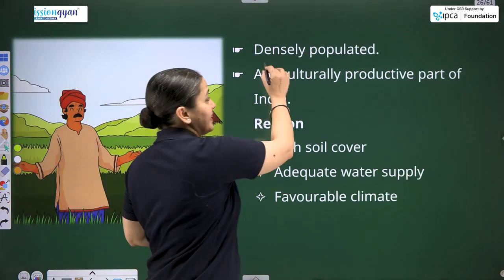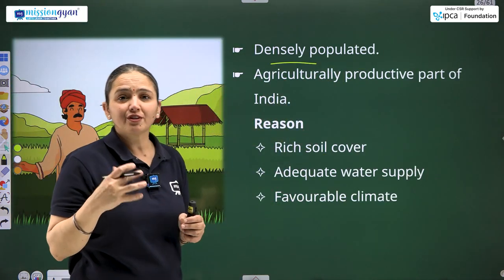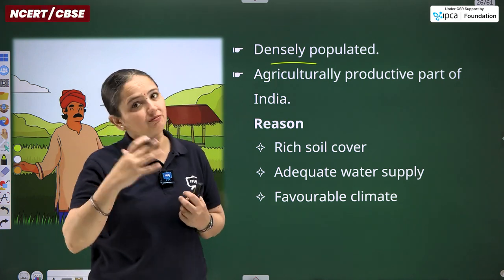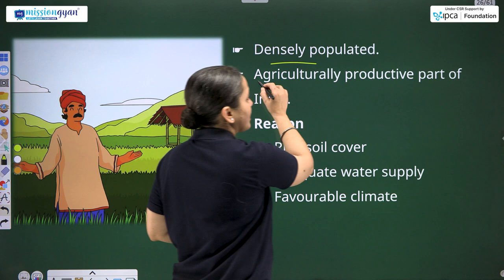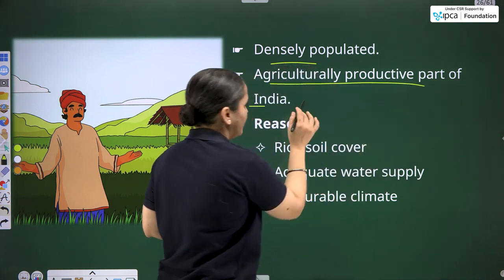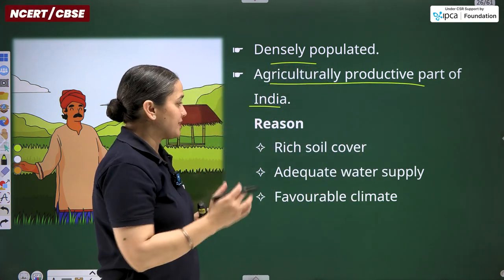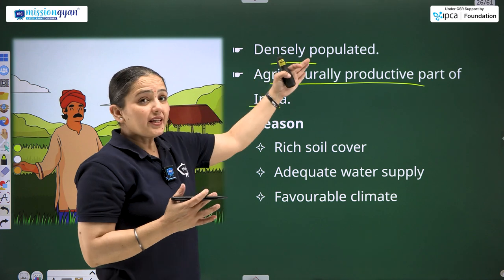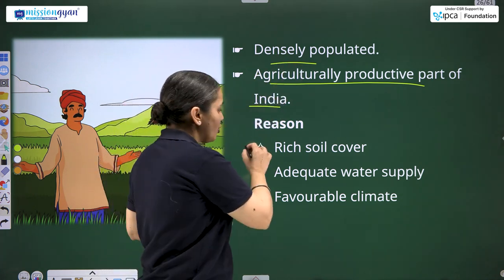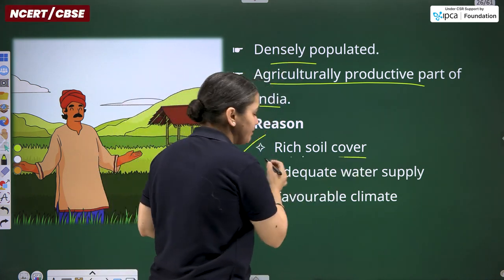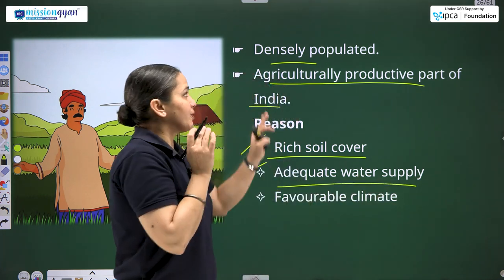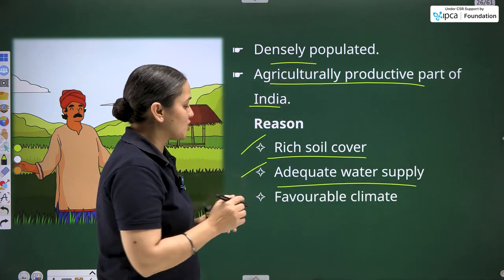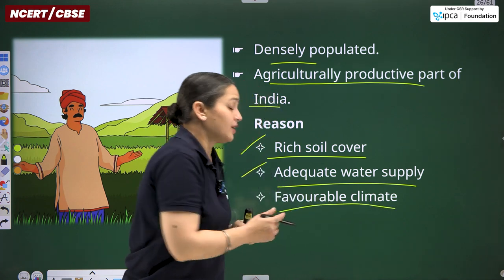These plains are densely populated because of the availability of fertile soil, very good for agriculture, actually best for agriculture. So the agriculturally productive part of India is these northern plains, and the reason why they are densely populated is the presence of rich, fertile soil cover, adequate water supply for the population as well as agriculture, then a favorable climate.